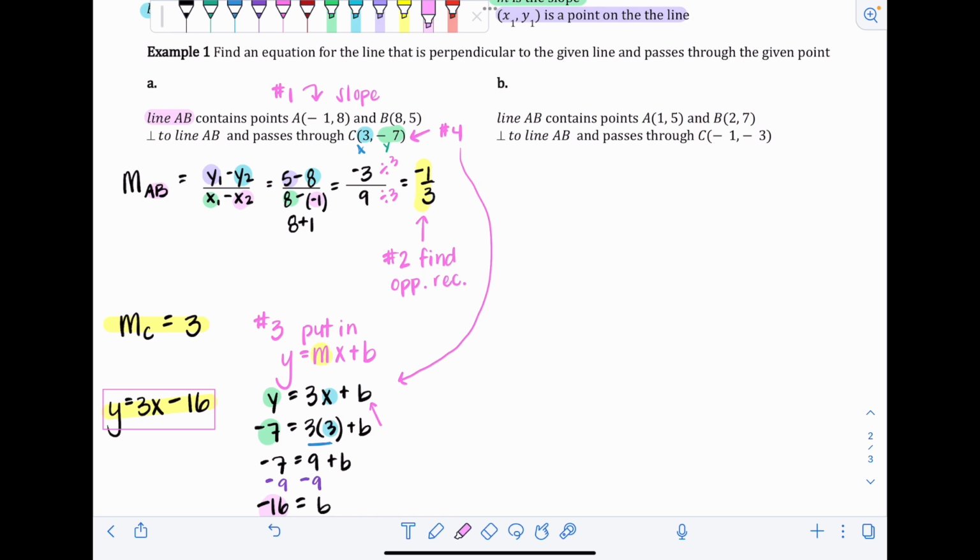We want to create the equation of a line that's perpendicular to line AB and passes through -1, -3. So the first step is the same. We have to find the slope between those 2 points. So same thing, slope of line AB, referring to that original line AB from that first line.